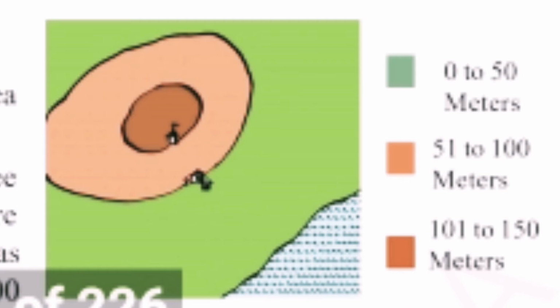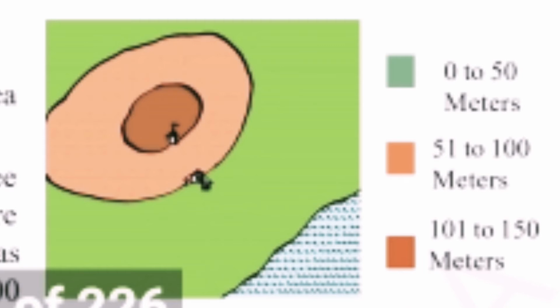Firstly, the areas which are between 0 to 50 meters height, this is the Nimpur village. The areas which are between 51 meters and 100 meters, there is a temple. And finally the areas which are between 100 meters and 150 meters, it is the top of the hill.